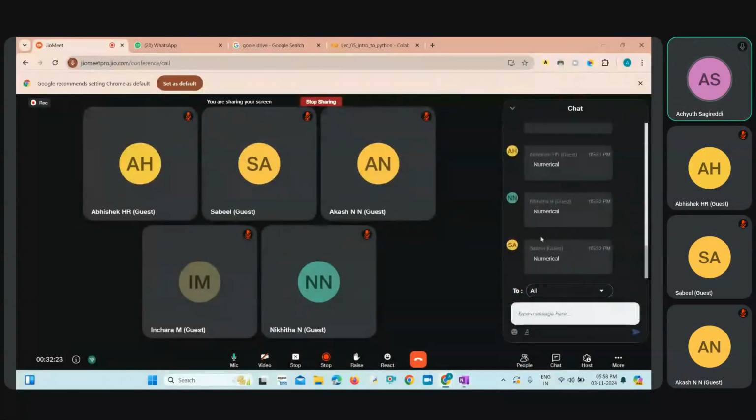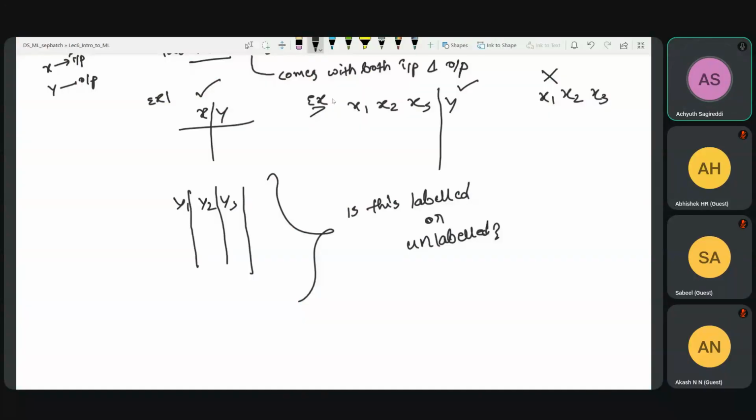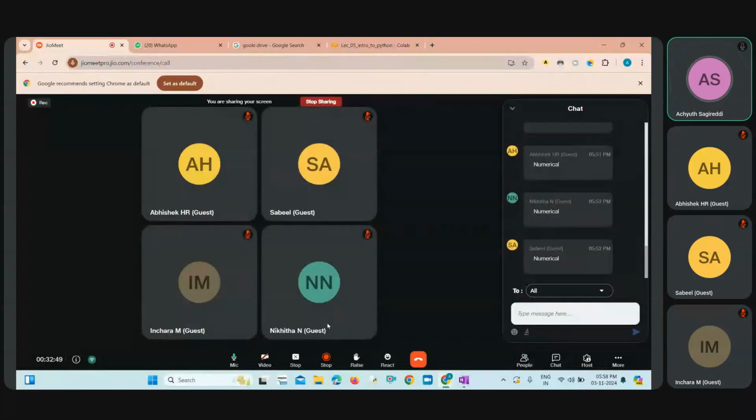Is the given example labeled data or unlabeled data? Let me ask some other question. This is example 4. So let's say example 5, only X1 is there. Is this labeled data or unlabeled data? For example 5.